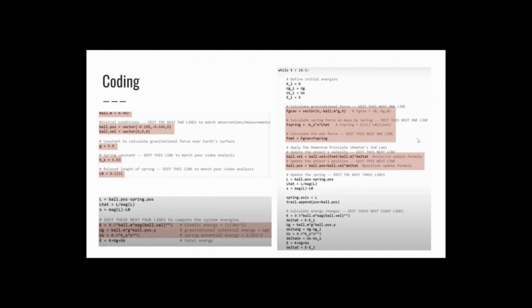The F spring calculation and the F net calculation, which this time was gravity plus spring, which we know will equal out to 0. Then we updated the velocity and the position, and that's how we calculated where it was during the oscillating period.